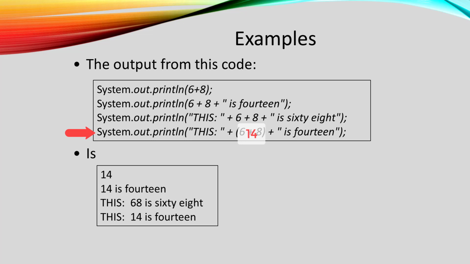Then it's going to do the other two from left to right. So it's going to do "this: " plus 14. That it's going to do concatenation. So it's going to get "this: 14". The second plus is going to have two strings. Those are going to get concatenated together. And the result will be "this: 14 is 14".